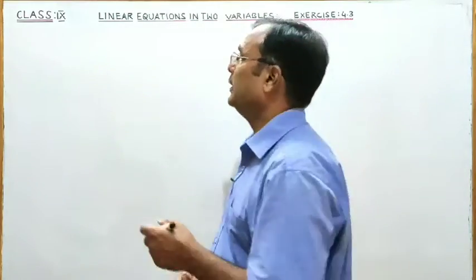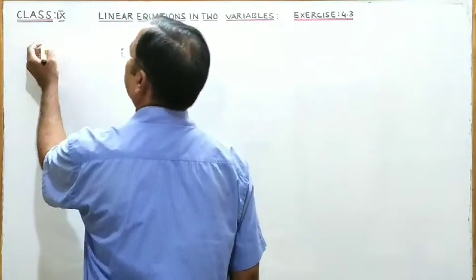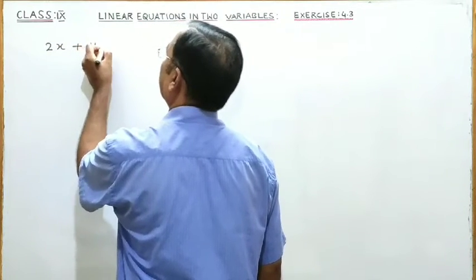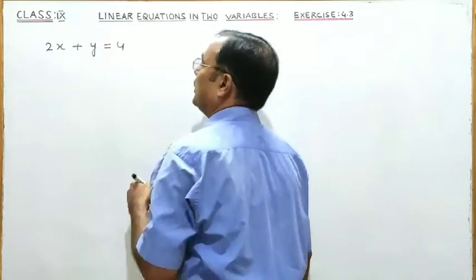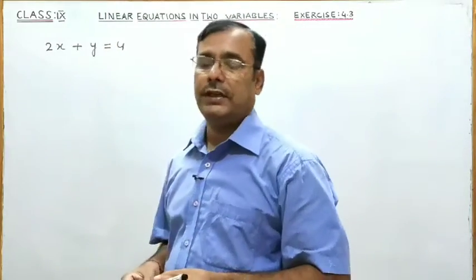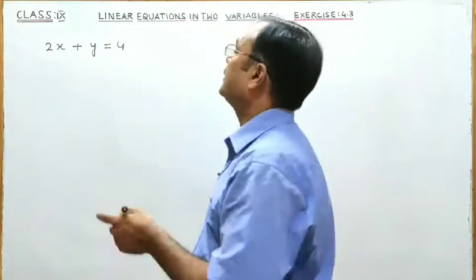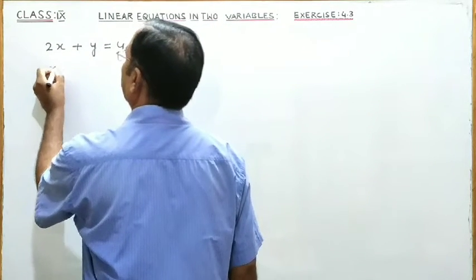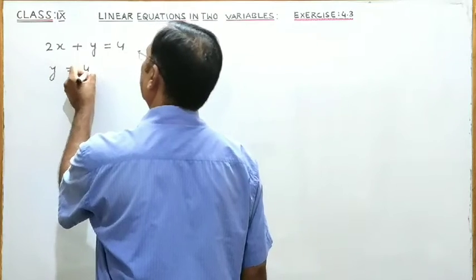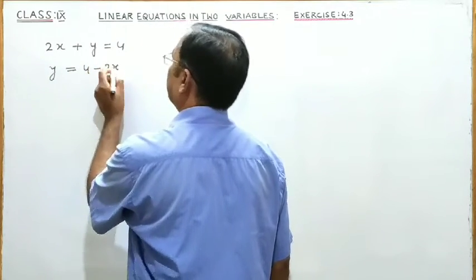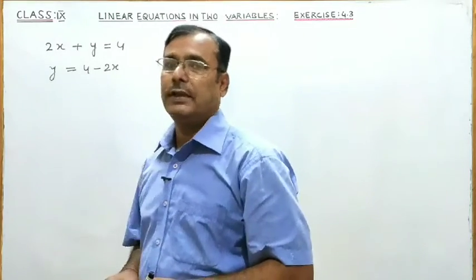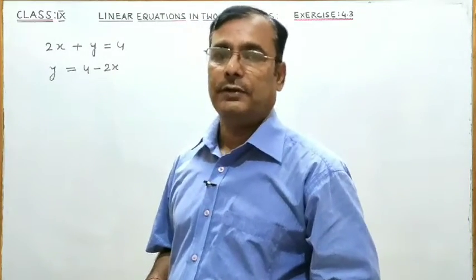For example, if you have a linear equation 2x plus y is equal to 4 and you have to draw its graph, then first write this linear equation in the form y equal to 4 minus 2x. In this form we write the given linear equation in two variables for easy writing of a few solutions.